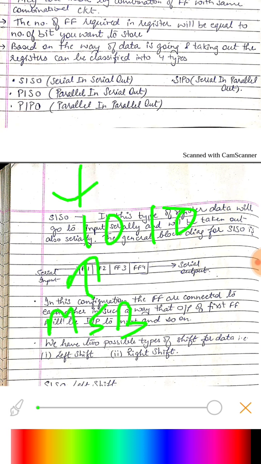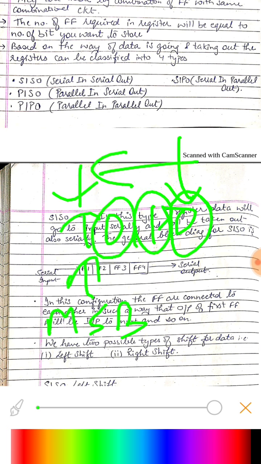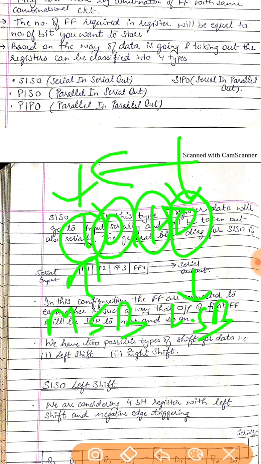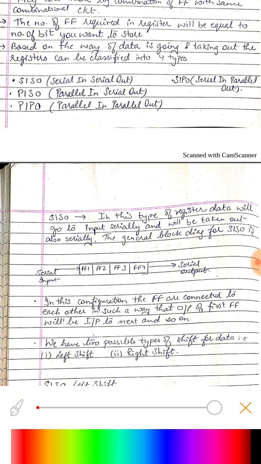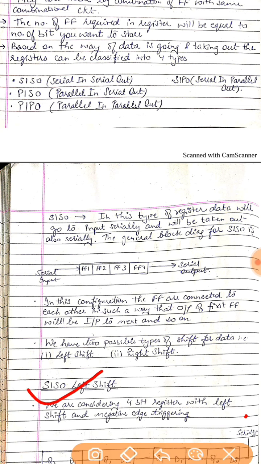And if we feed the data from the LSB, that is from right to left, first this bit will be entered, then second, then third, and then the last one. So if we are following that pattern using LSB first, then it will be right to left. Okay, so let's see first the serial in, serial out, left shift.